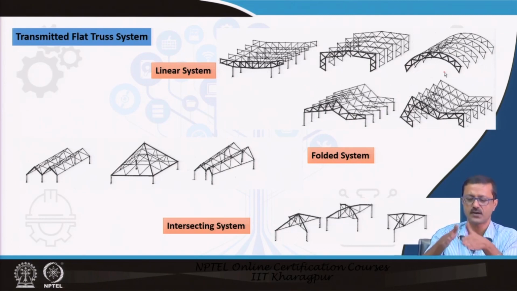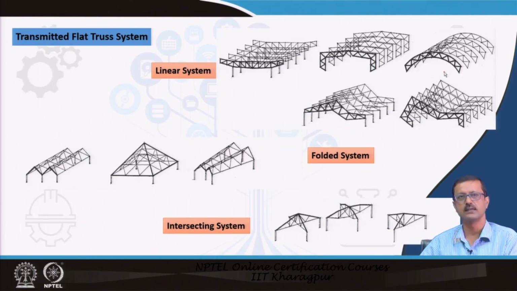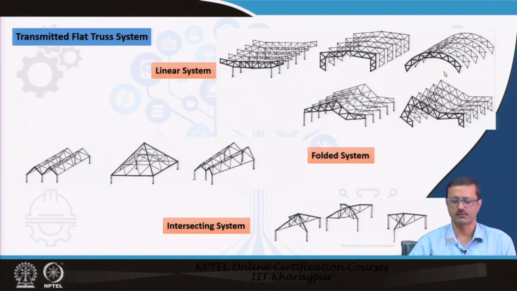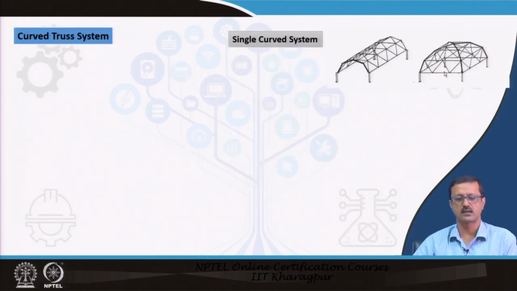The first one, folded, is intersecting in a line, and the second one is intersecting in a body, through its center point or so. Then it is the intersecting system of the truss. All the linear, folded or intersecting kinds of systems, we use for our built environment or buildings also.